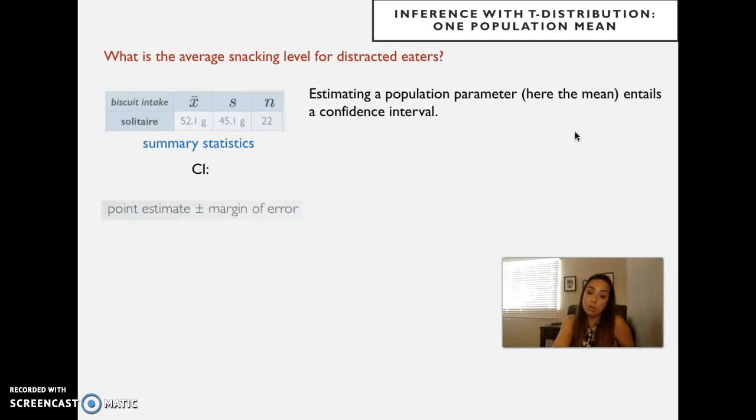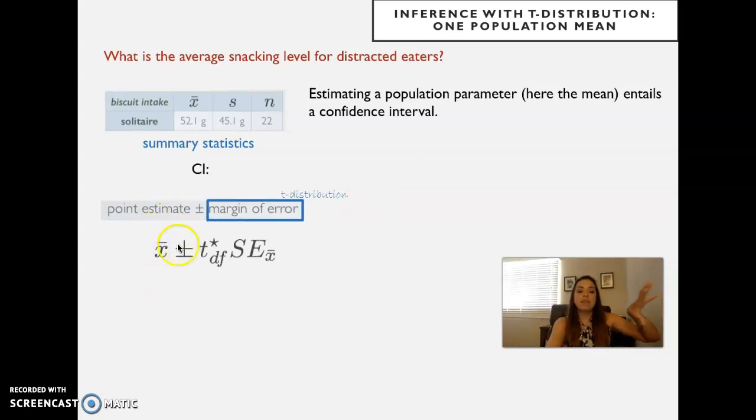And you already know that a confidence interval is the point estimate, say the mean, plus or minus some margin of error, which we computed for the z distribution, right? Now we're going to compute that margin of error considering the t distribution instead.